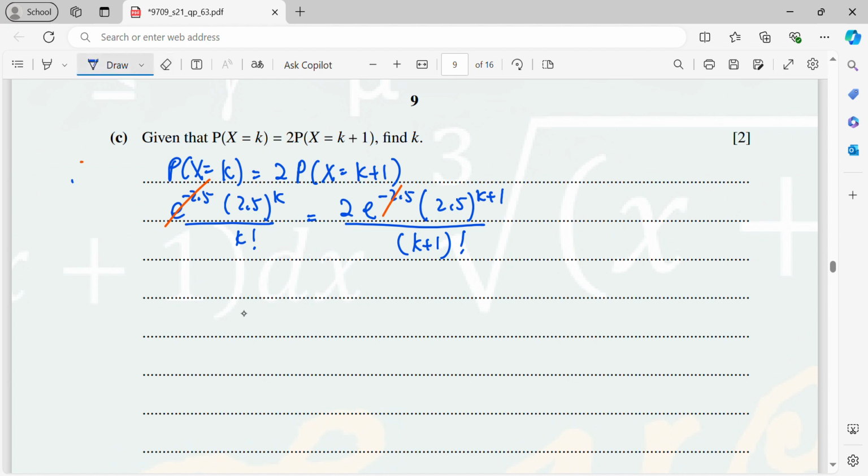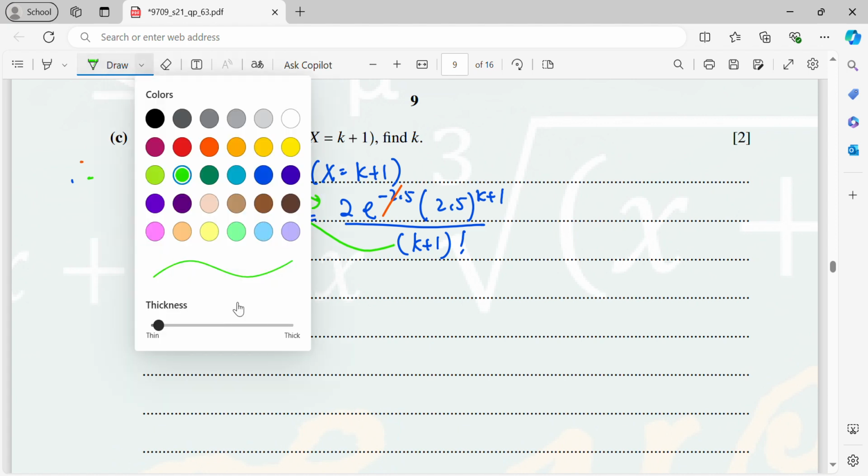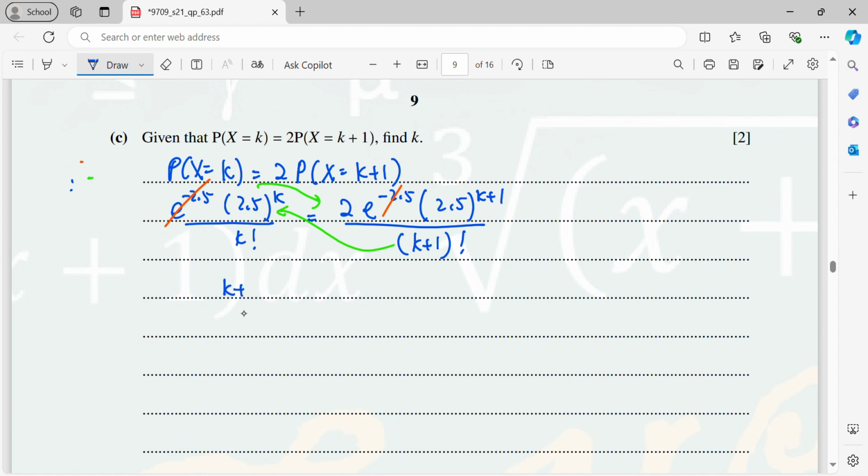I will keep the k on one side, and then this one I will move down. So which means now here I will get k plus 1 factorial over k factorial equals to, there's a 2 outside, 2.5 to the power of k plus 1 over 2.5 to the power of k.